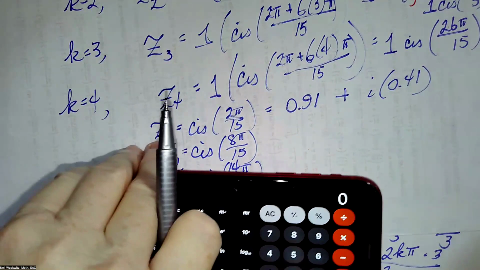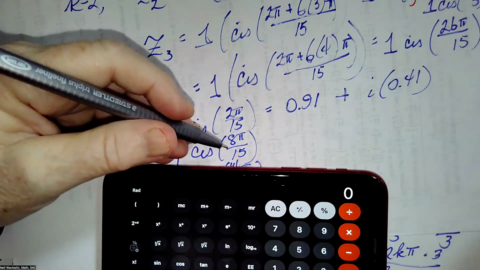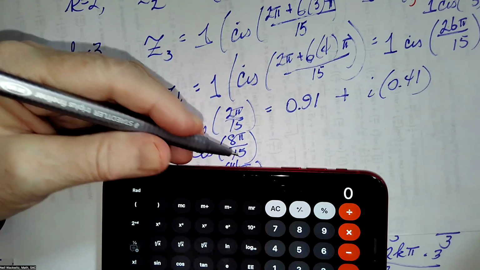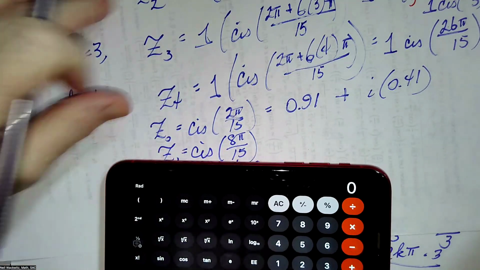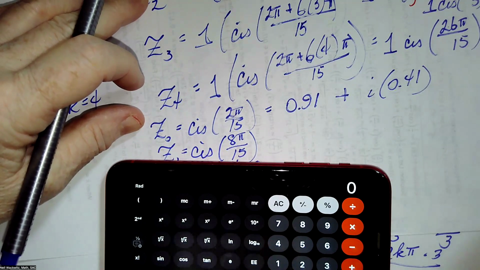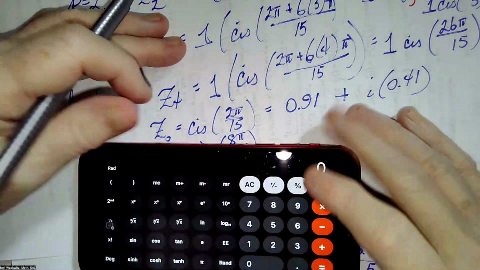This is less than 2 pi, because 2 pi would be 30 pi over 15. Oh, it's in radians.